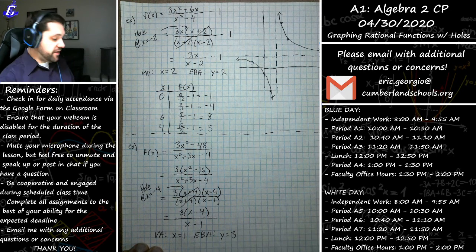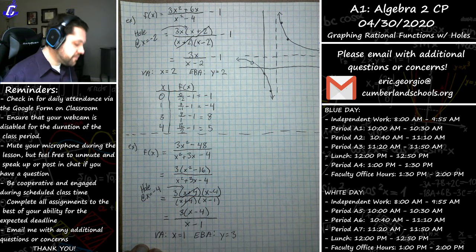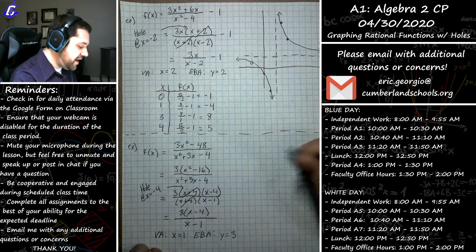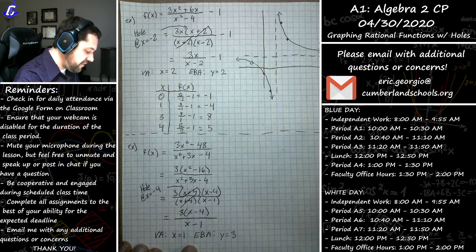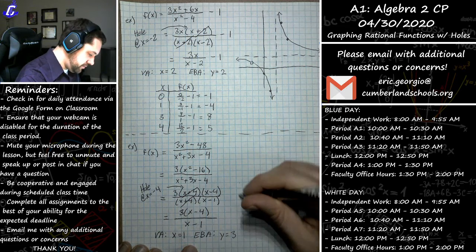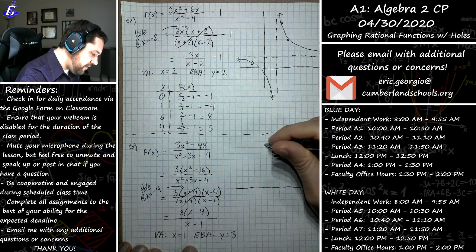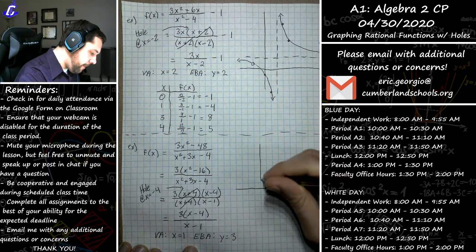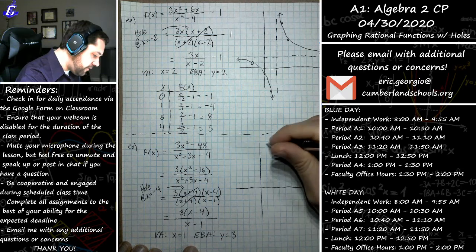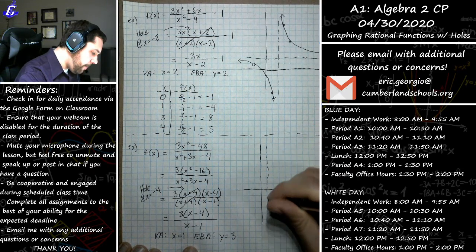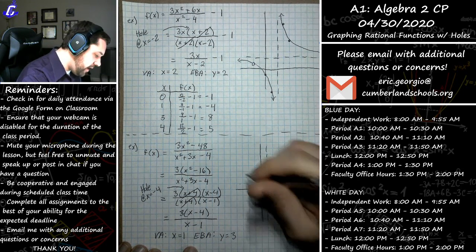I do that because these have the same degree, degree 1 and degree 1. Then I can sketch my graph and test some points. We got our vertical asymptote at 1 and our end behavior asymptote at 3.